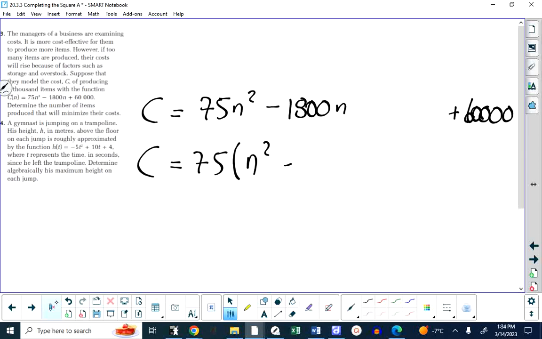Yeah. Plus our mystery number, plus 60,000. What number are we going to add there? 144. Half of negative 24 is negative 12. Squared is 144. What number are we going to take away out here? Well, whatever 75 times 144 is.